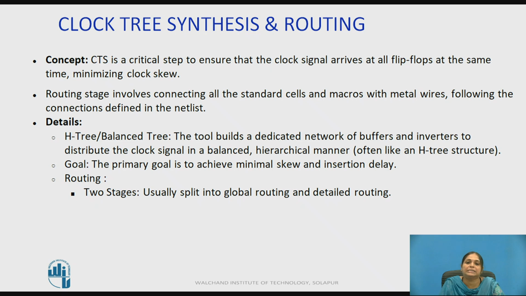The tool builds a dedicated network of buffers and inverters to distribute the clock signal in a balanced hierarchical manner. The primary goal is to achieve minimum skew and insertion delay. Routing is of two types: global routing and detailed routing.